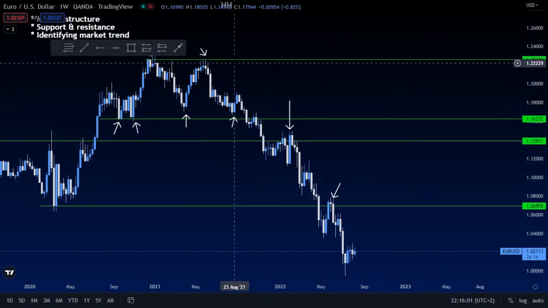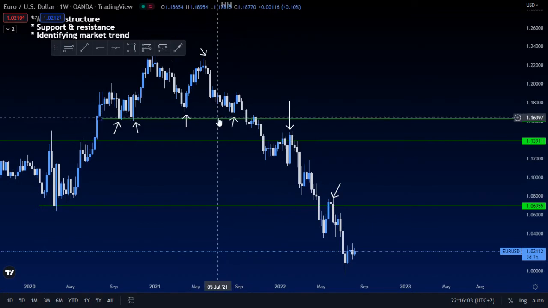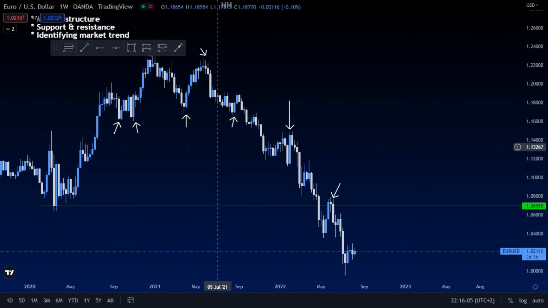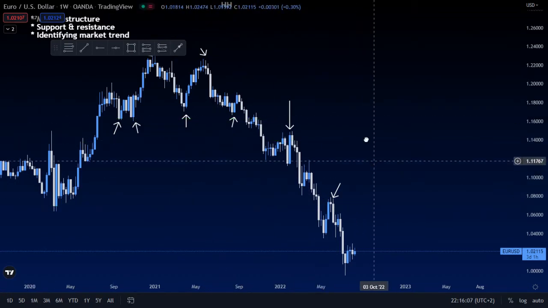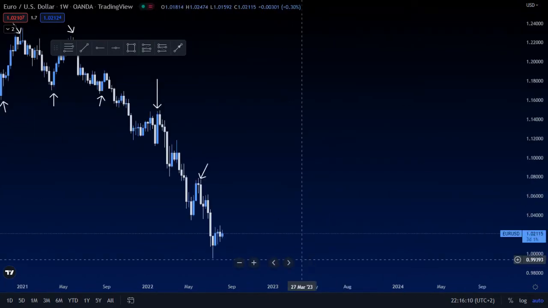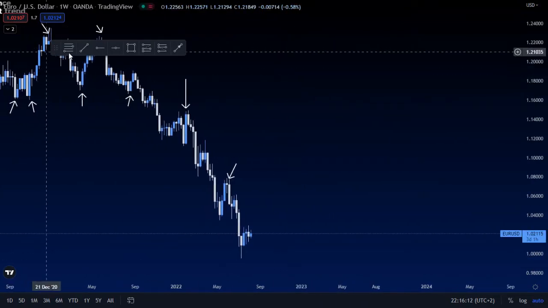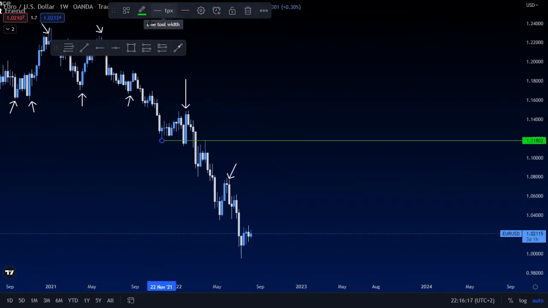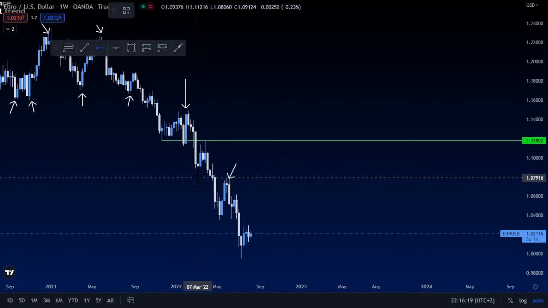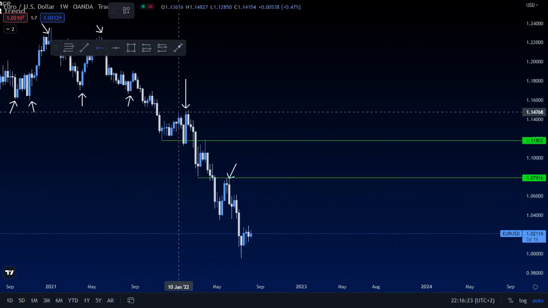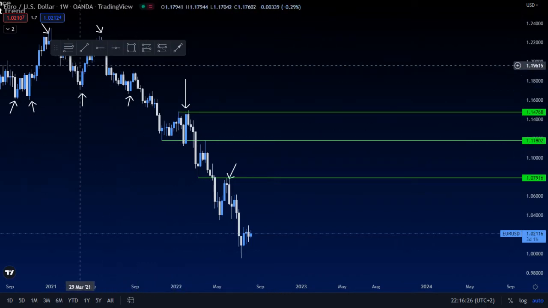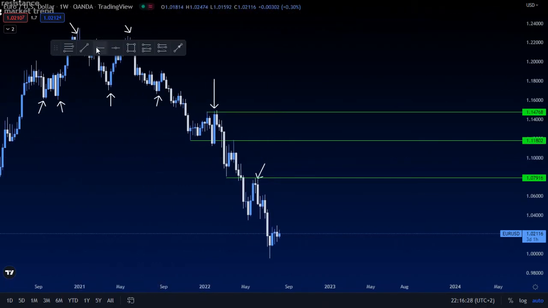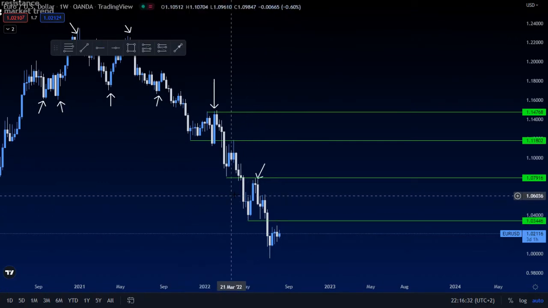So I'm going to come to more recent time so that we've got a better understanding of exactly what it is that we're looking at. Currently, the market's in a downtrend. And even though the market's been in a downtrend, we can actually see that there have been levels of support and levels of resistance.